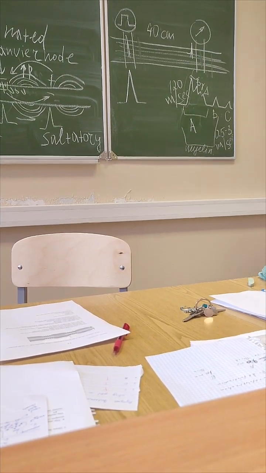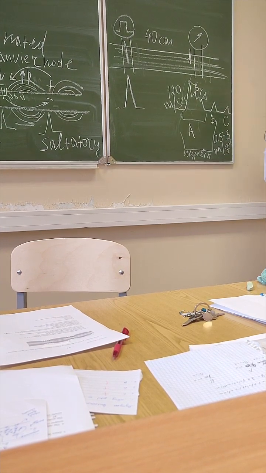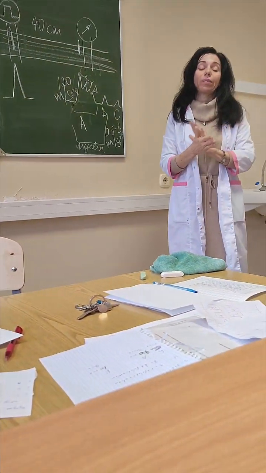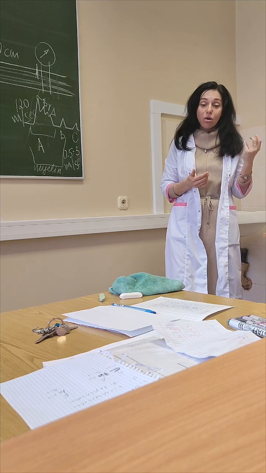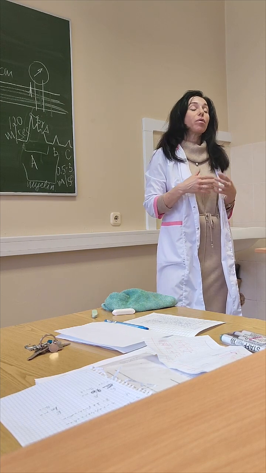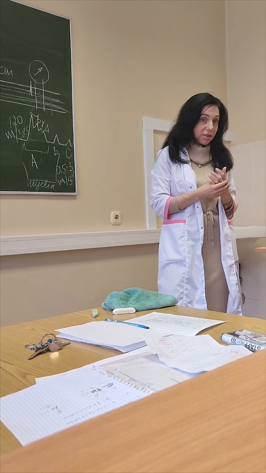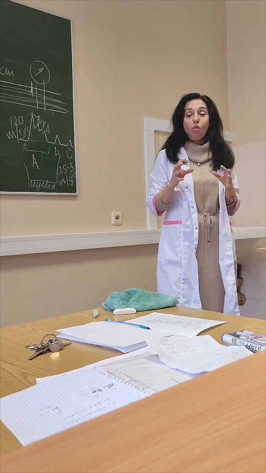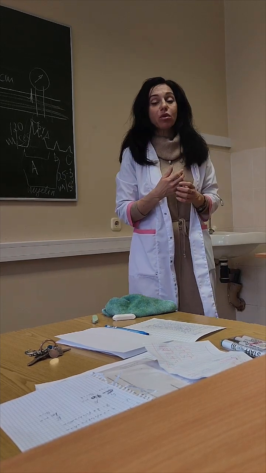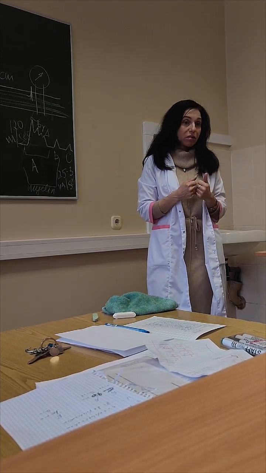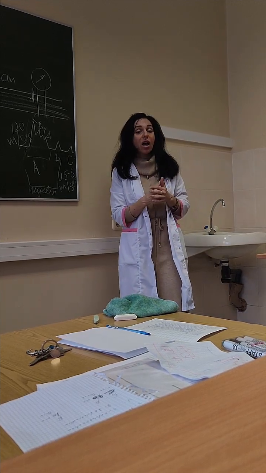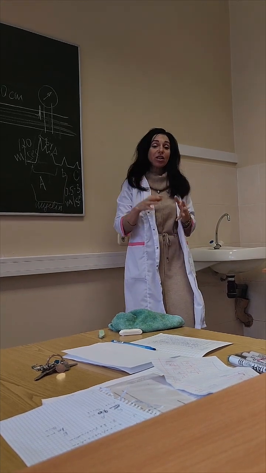With damage of the myelin sheath, for example in some types of sclerosis, commonly an autoimmune disease with damage of the myelin sheath by our own immune system, when our immune system produces antibodies to our own proteins, the myelin sheath proteins, it destroys the myelin sheath, and the speed of action potential propagation becomes slower.